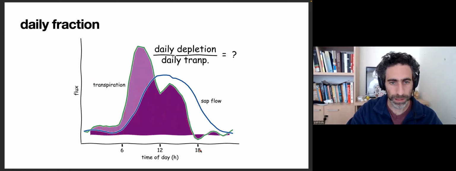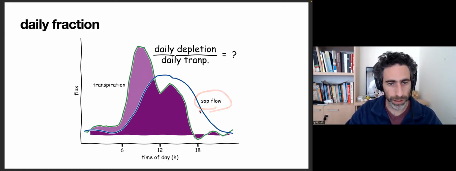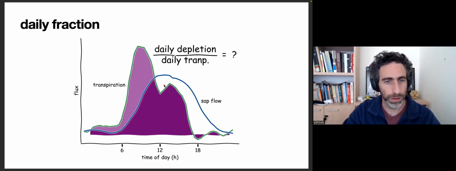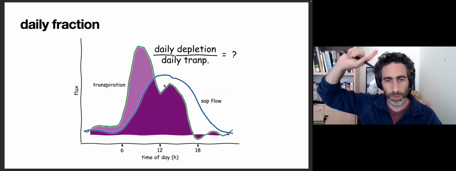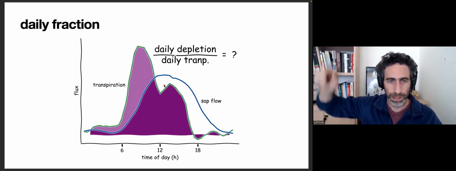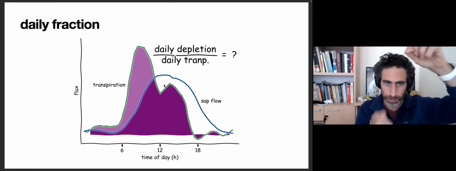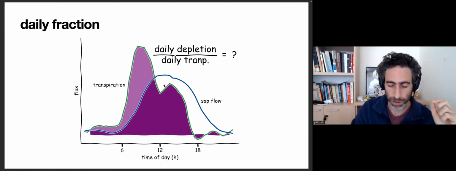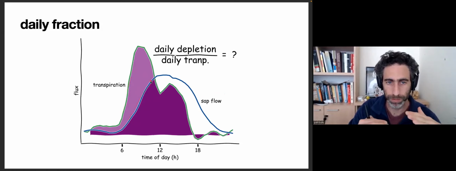Now, part of this area can be explained by water coming into the tree. If exactly these two curves were one on top of the other, we could think that every drop of water coming out of the plant is replaced by another drop coming into the plant, and they balance each other exactly. But that's not true, because those two curves don't overlap.